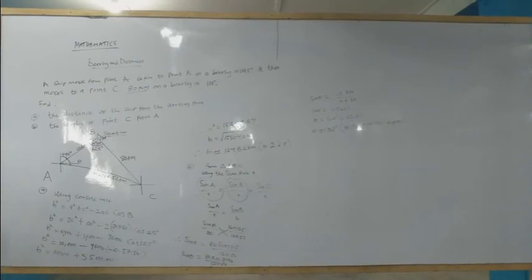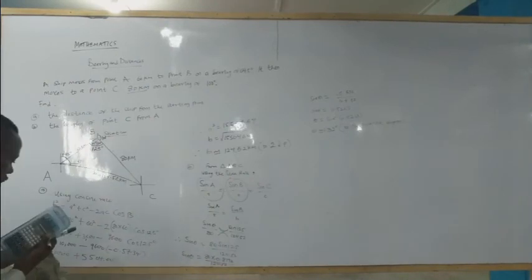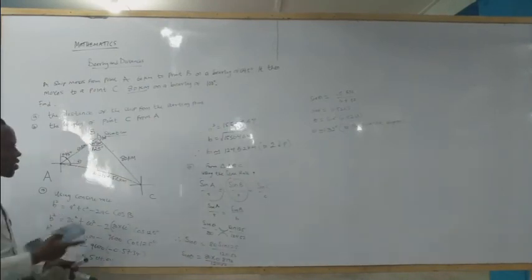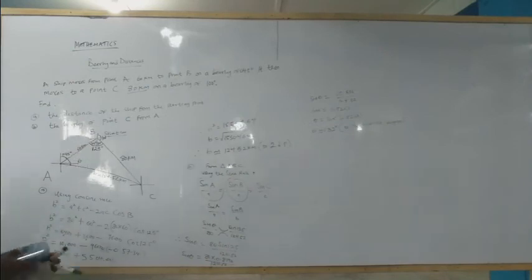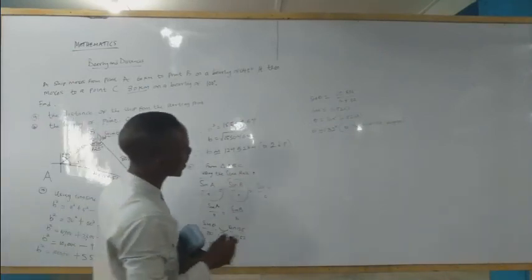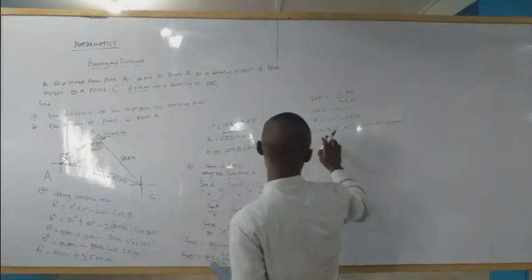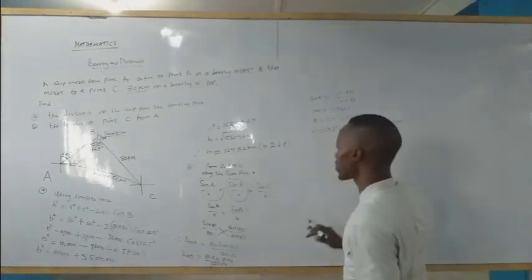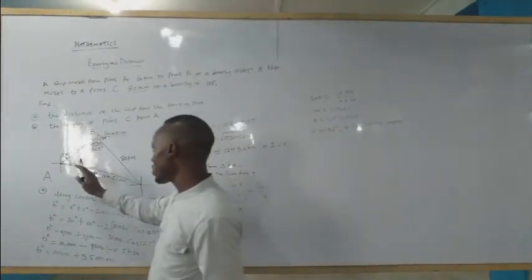So that is our bearing of the point C from A? We have not gotten the answer. It's approximately 32 degrees. So we have gotten theta to be 32 degrees.